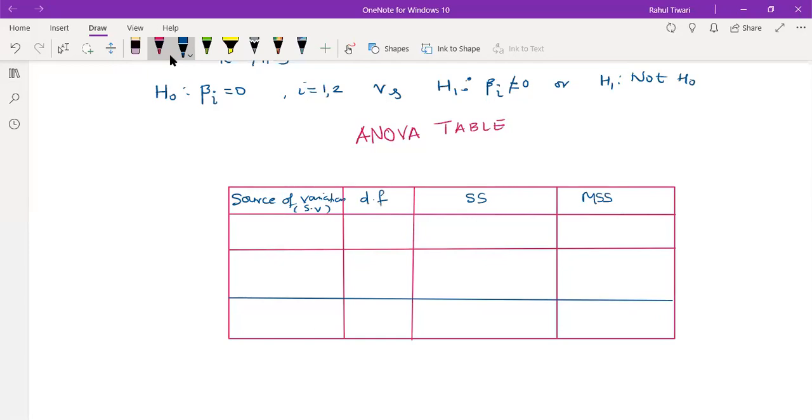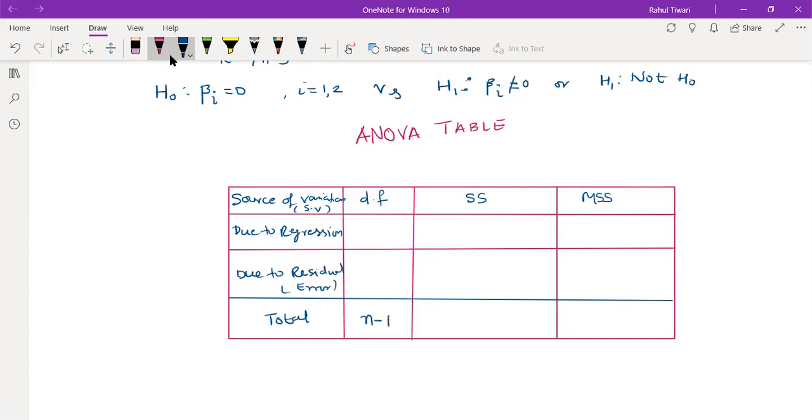The first one is due to regression. Second one is due to residual, or one can call it error. And the last one is the total. So for total we have n minus 1, because n observations, so n minus 1 degrees of freedom.